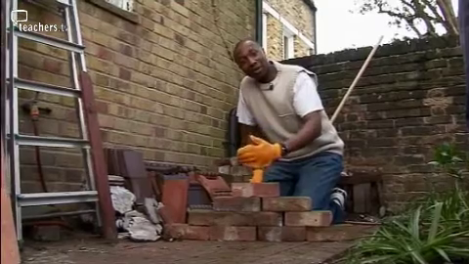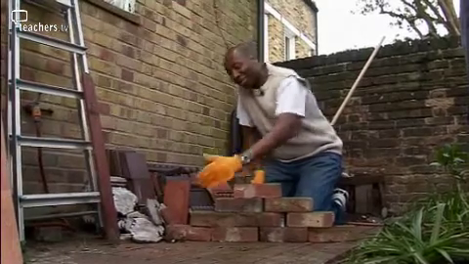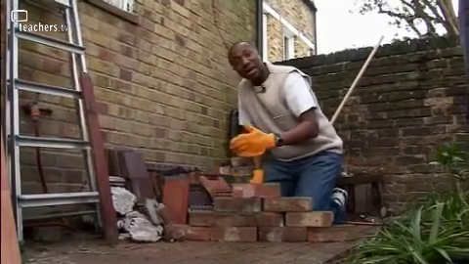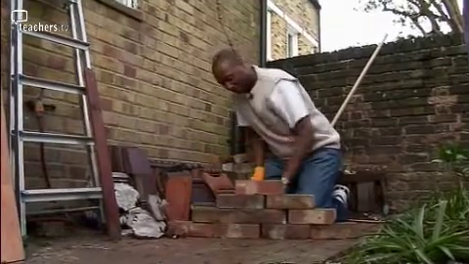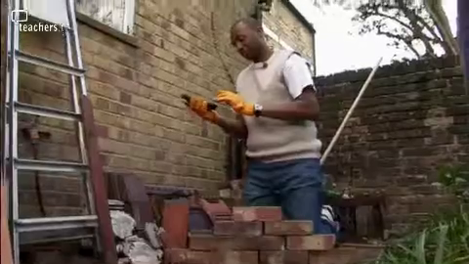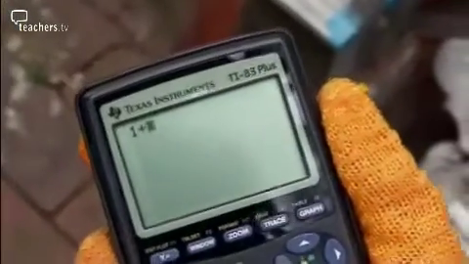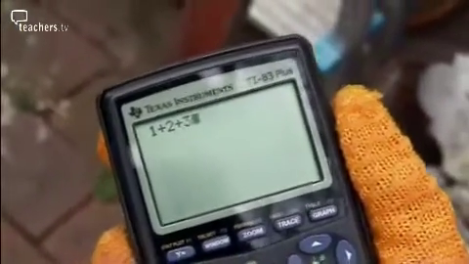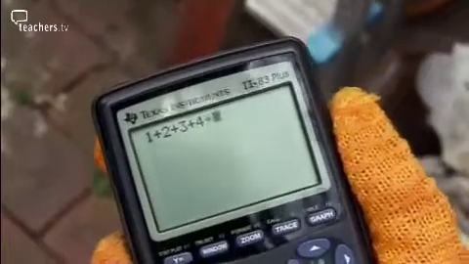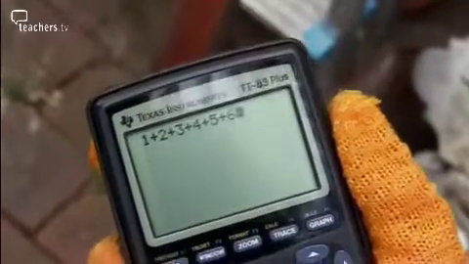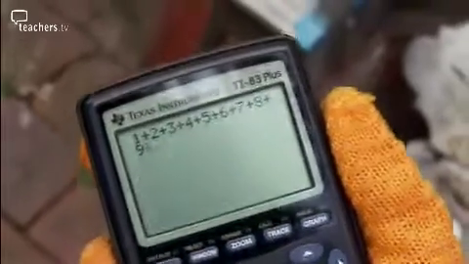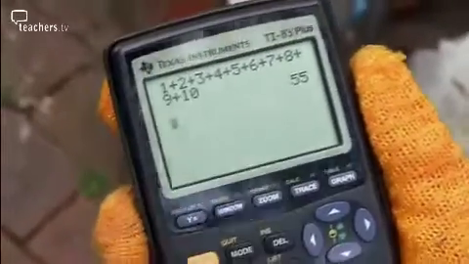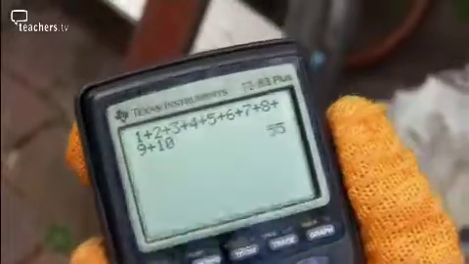If I want to work out how many bricks there are in 10 rows, I have to add up all the numbers from 1 to 10. That's 1 plus 2 plus 3 plus 4 plus 5 plus 6 plus 7 plus 8 plus 9 plus 10, and that equals a total of 55.